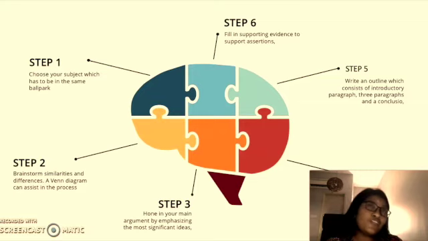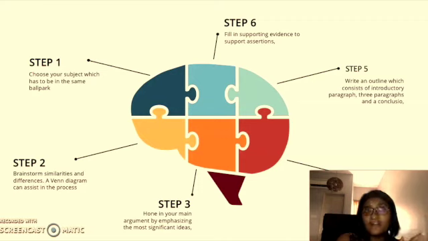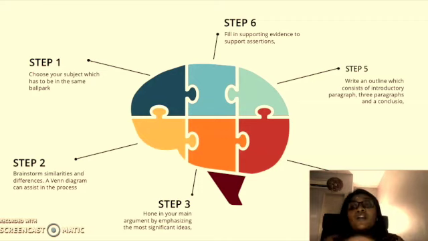I'm sure you know what a Venn diagram is, but in case you have forgotten, it is the overlapping circles, where one part covers the ideas of one subject and the other part the ideas of the other subject, and the overlapping part covers the similarities of the subjects. That would be your second step.